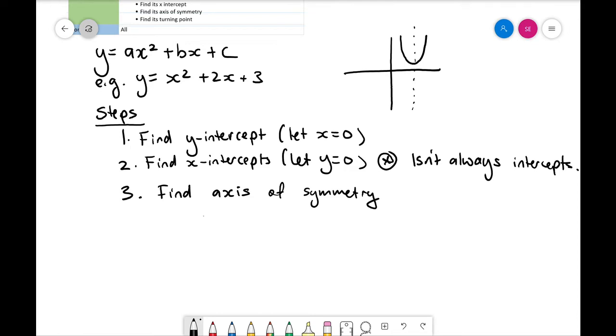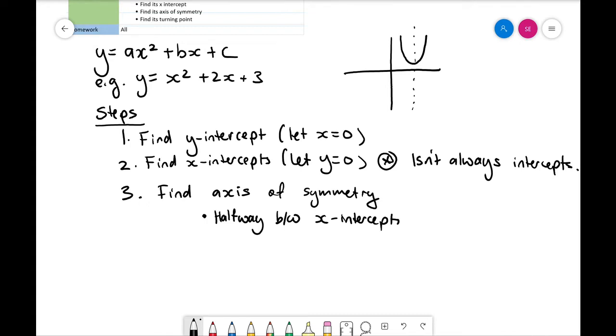So there's 2 ways you can do this. The first way is it's halfway between the 2 x-intercepts.